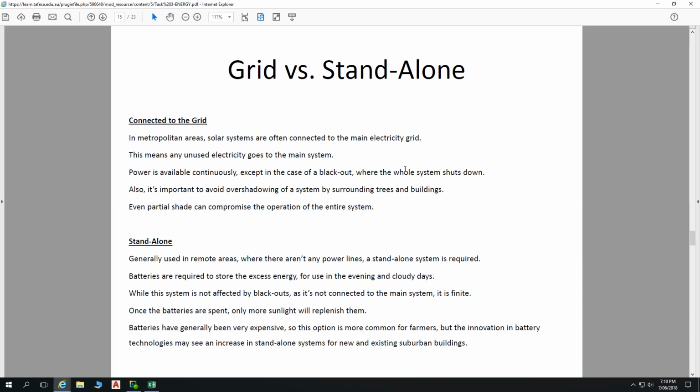But at the moment, typically what we deal with are systems that are connected to the grid, where we're putting power back into the grid, or standalone systems. Predominantly in rural areas or areas where people are a long distance from power sources, they use standalone systems.